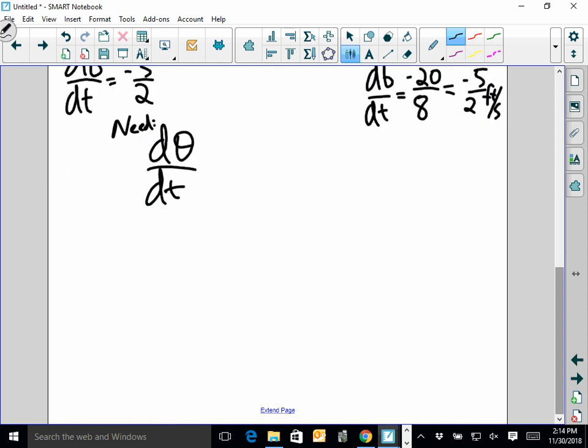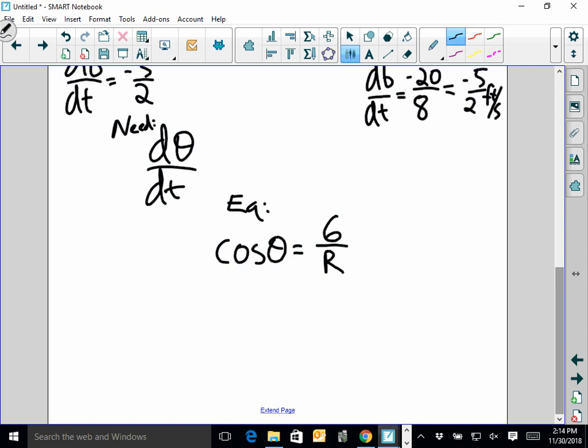So I know cosine theta has to be 6 over r. Now we still have that fraction that we don't super like. Okay? So I'm just going to rewrite this, right? We did derivatives towards the beginning of the year where I asked you to do the derivative of 5 over x. And what you needed to do is rewrite it as 5x to the negative 1. I'm going to do that same thing here.